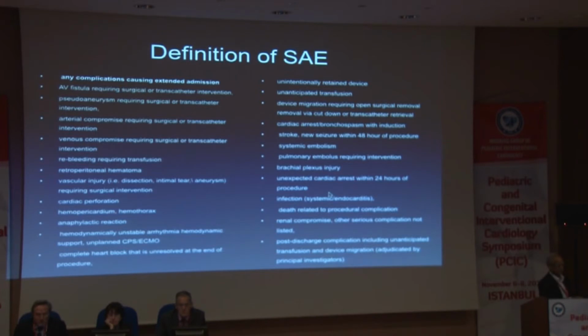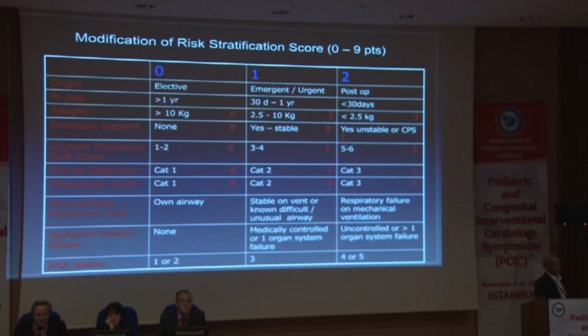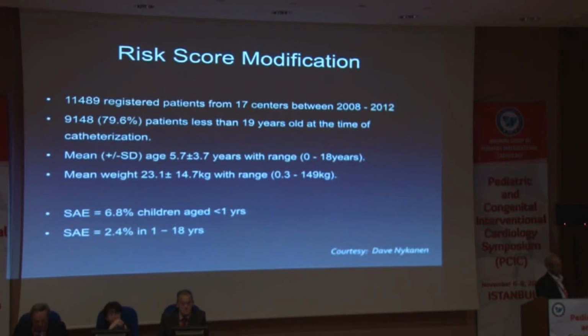But this is an attempt to risk stratify depending on age and requirements after the procedure and other additional systemic illnesses. For example, each of these lesions less than 2.5 kilograms at the time of procedure is assigned a higher score than if the weight is more than 10 kilos, and so on. This then helps you categorize the patients into different risk categories.